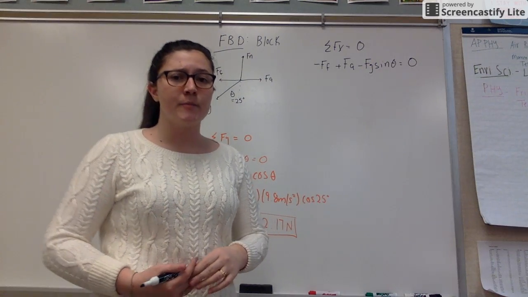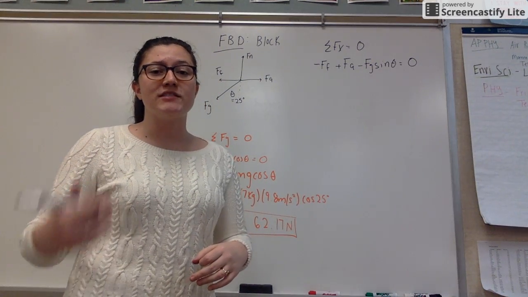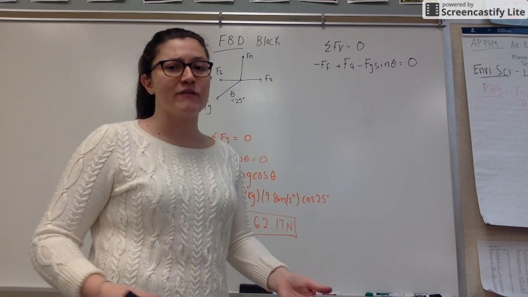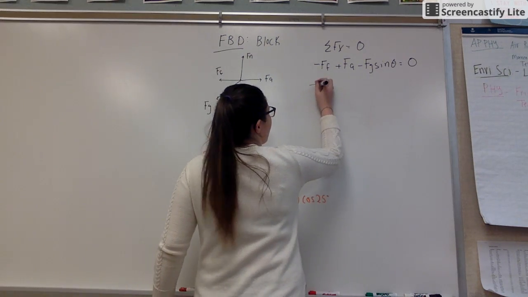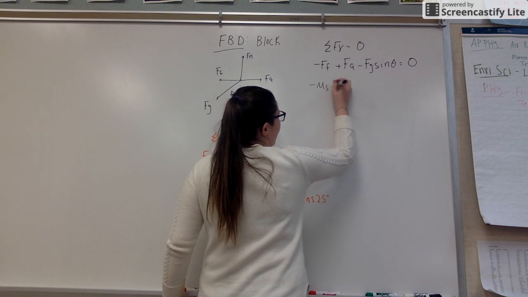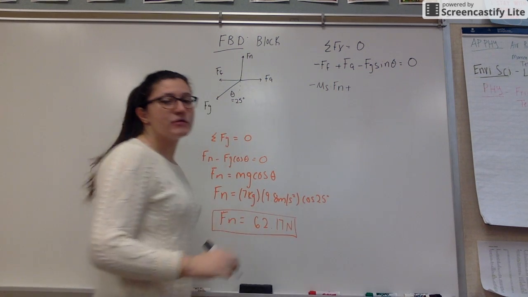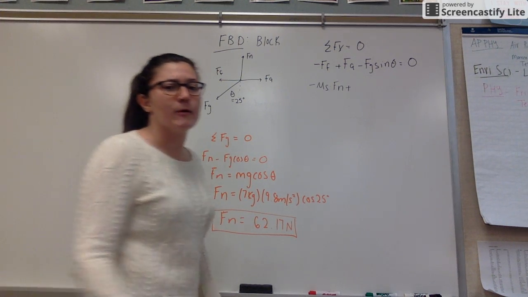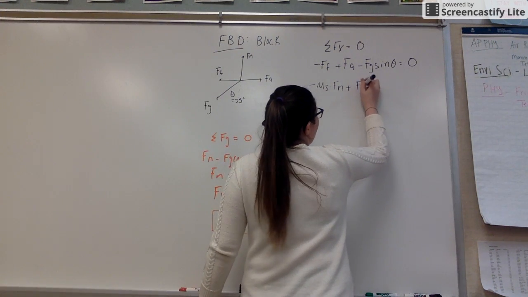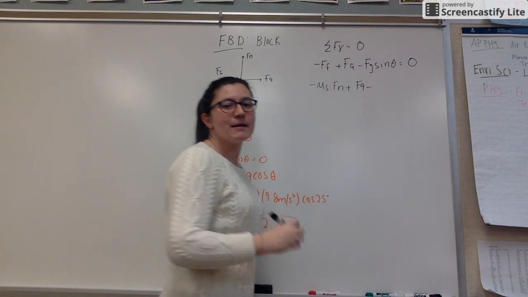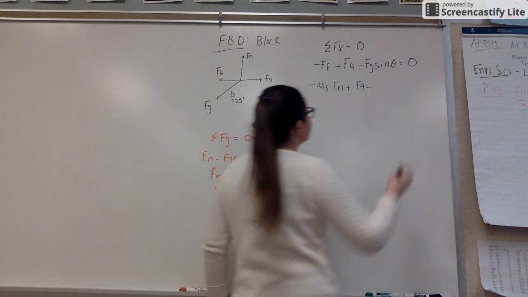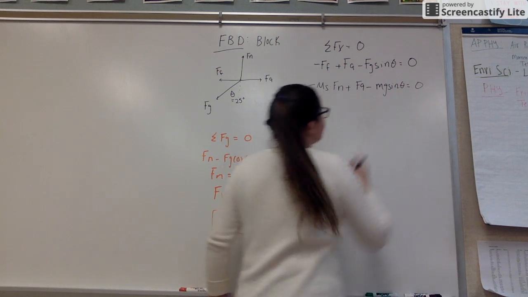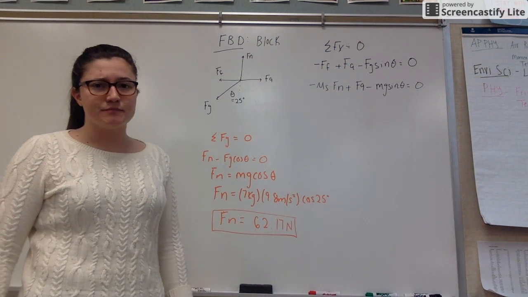Alright, so we have our sum of forces in the x set up. Let's plug in what we know. We know that the force of static friction is equal to mu sub s times F of n. So let's plug in for that. Plus our applied force, which we don't know, we're solving for, so we're going to leave it as a variable. Minus mg sine theta, all equal to 0.